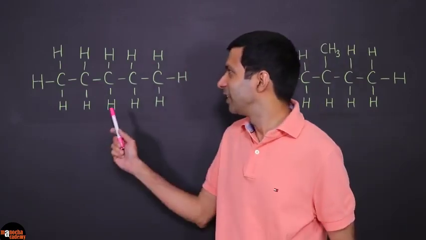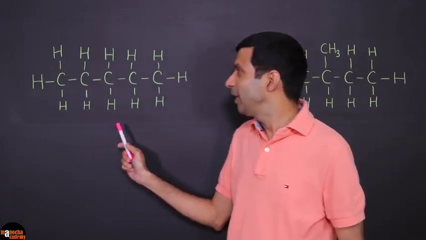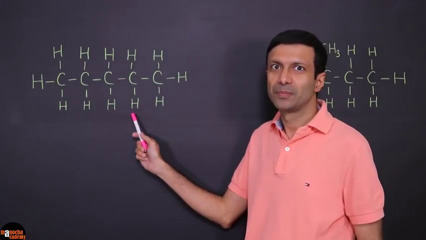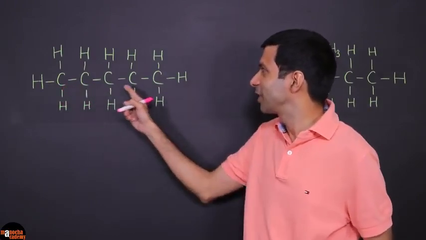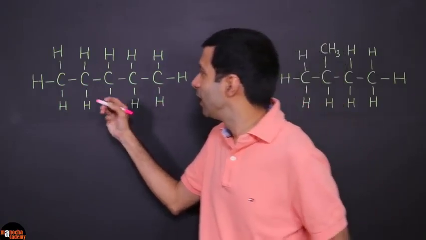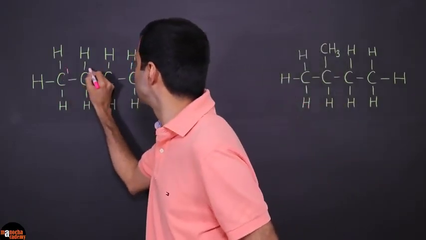Let's take a look at this example. What will be the IUPAC name of this compound? Again, let's find the longest continuous carbon chain, which is this one. And let's number it forward and backwards.